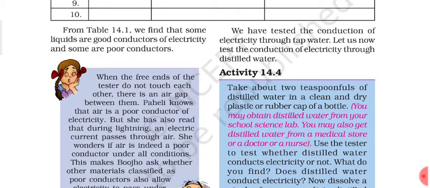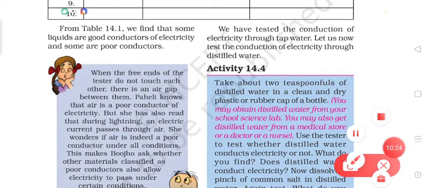What is written? We have tested the conduction of electricity through tap water. Let us now test the conduction of electricity through distilled water. So dear students, what will happen when you perform the above activity with tap water? You will find that the magnetic needle or the needle of the compass shows deflection.